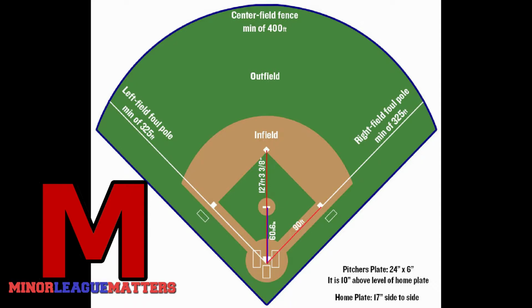That is 60 feet and 6 inches from home plate, where the pitcher is supposed to be throwing the ball over the plate. It's 60 feet 6 inches because at one point I think it was 60 feet, and they thought the pitchers had too much of an advantage, so they moved it back another 6 inches to give the batsman more of an advantage.